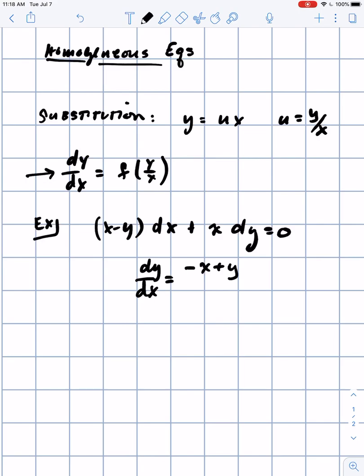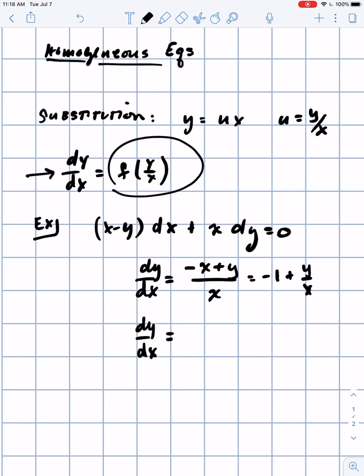I divide by dx and then divide by x. If you notice, you could simplify this down to negative 1 plus y over x, and now you have it in the form that we are looking for. So I will have dy over dx equal to y over x minus 1.